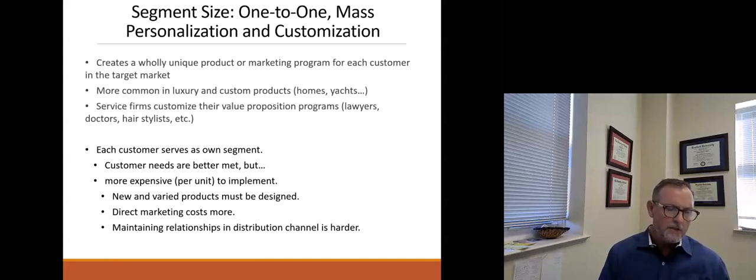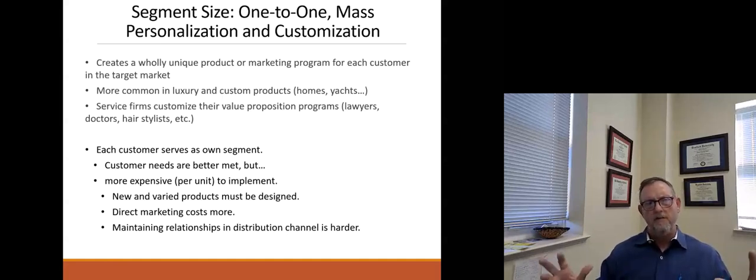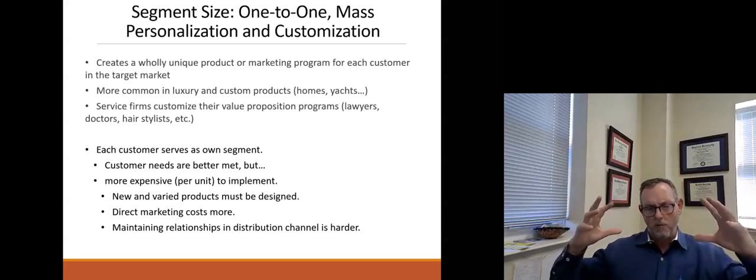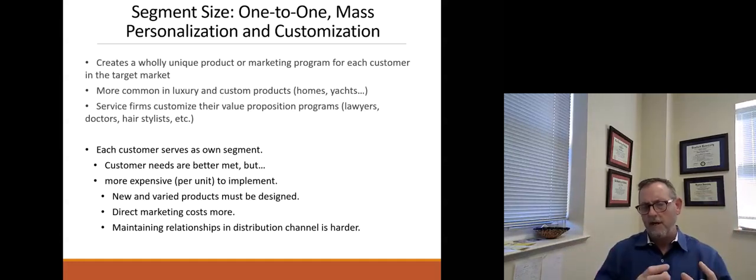Okay, so again, we moved from a very abstract, high view of the market as a mass, as a one unit thing, and now we went all the way through. Talked about the targeting, the concentrated targeting, those types of things.